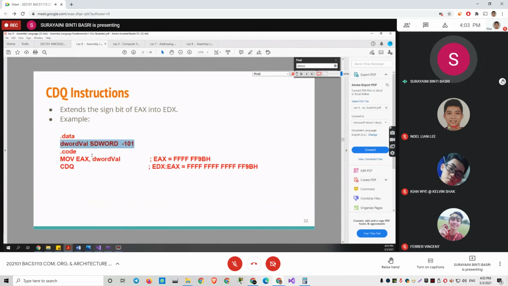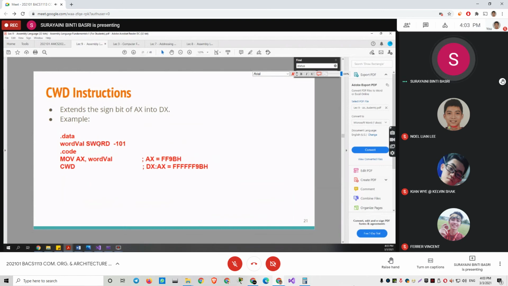You just need to put the instruction right after you declare or assign that value to that register. But what you have to understand is your declaration of your variable.